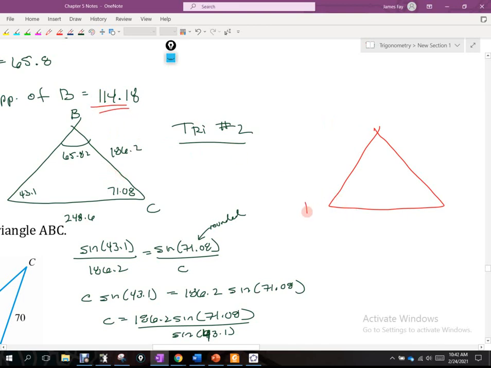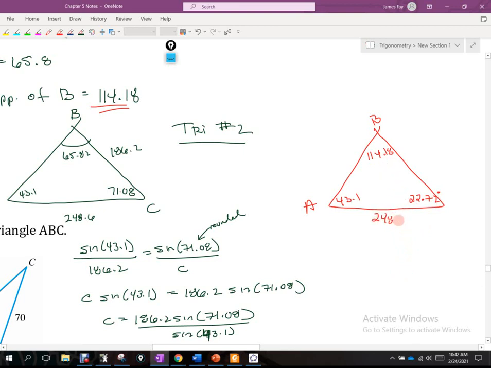I'm going to say angle A was 43.1. I'm going to draw the exact same triangle here. Angle B, now we said, could be 114.18. And then that would make angle C down here, I believe it's 22.72 degrees if we use the triangle angle sum theorem.